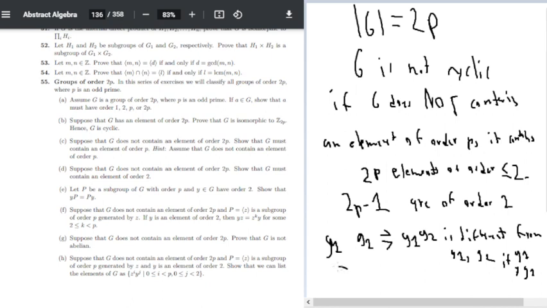So we pick G1, and then we pick G2, and we form the group: G1, G2, G1G2. And then G3 we get G1, G2, G1G2, G1G3, G2G3, G1G2G3. And we'll have the order of the group is actually a power of 2 instead of 2 times an odd prime.